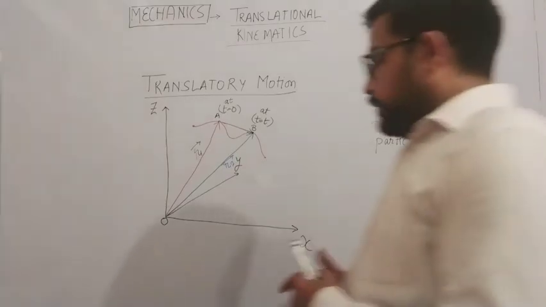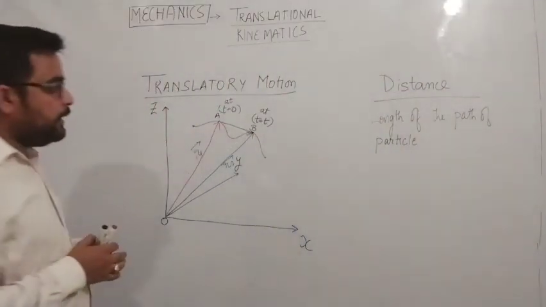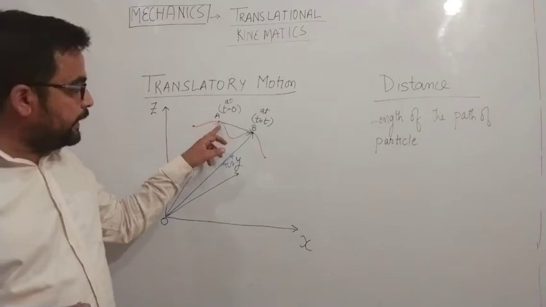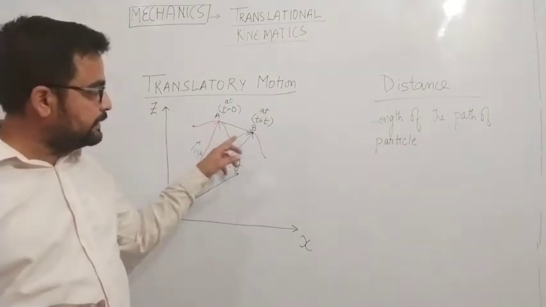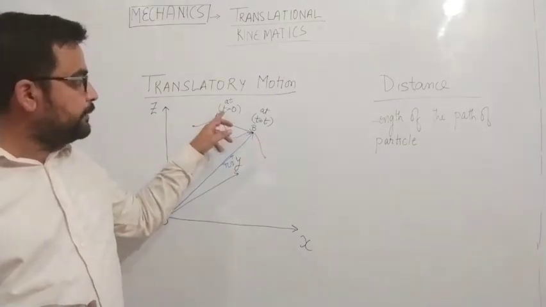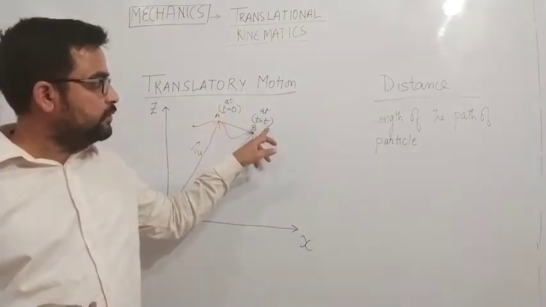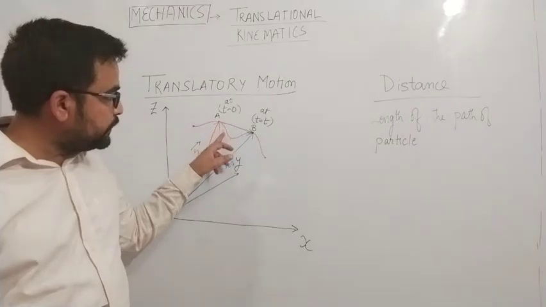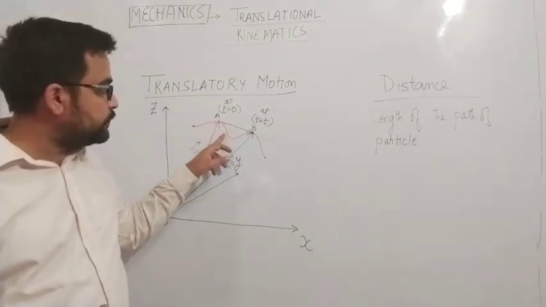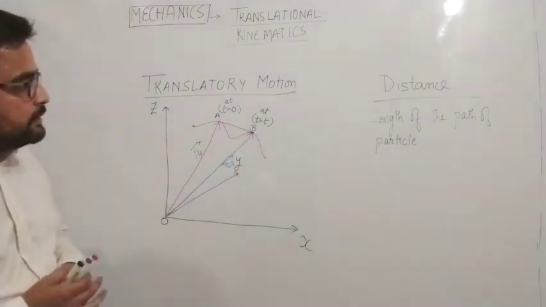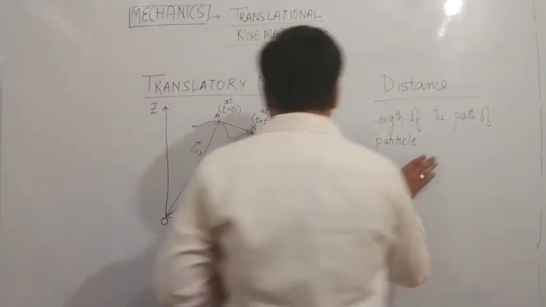So here you can see that AB, the red color, is the path of the particle. From time t equal to 0 to time t equal to t, the red portion is this one.